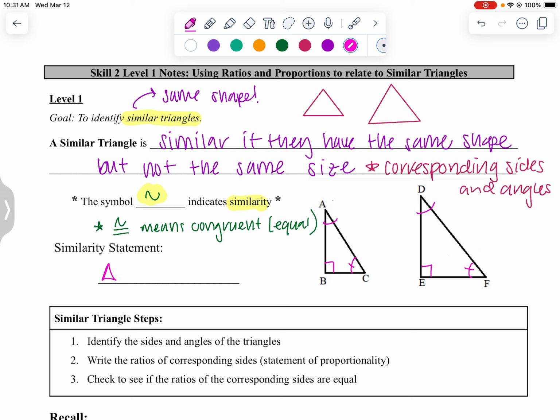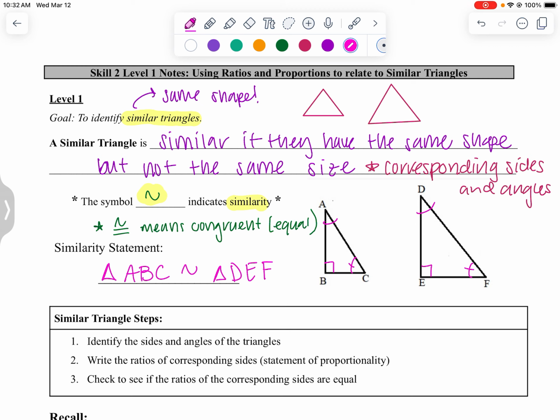We start with a triangle symbol, and let's name the first triangle ABC. Then I label my second triangle, and since I started with angle A, the other triangle matches up with angle D, so I start with D. Same thing, B matches up with angle E, and angle C matches up with angle F. So I have triangle ABC, and then triangle DEF, and right in the middle of the similarity statement goes my similarity symbol.